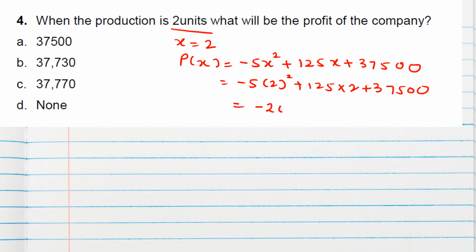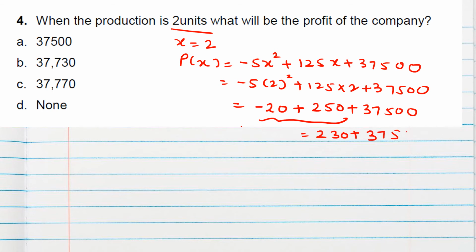So this will be minus 20. 125 into 2 is 250 and 37500. So this is 230, right? 230, and if we add 230 here, we will get 37730. Okay, 37730 is the answer, which is in option B. So B option is correct.